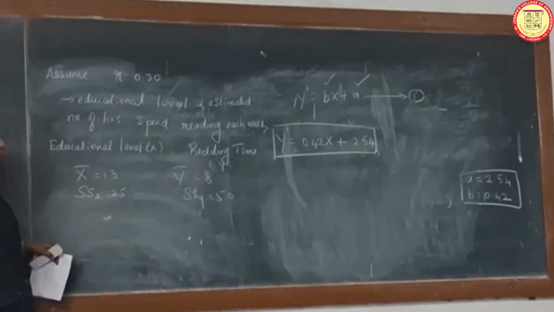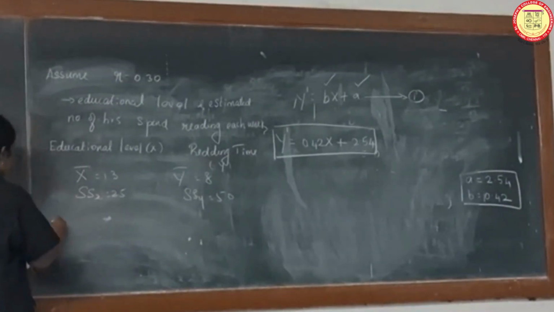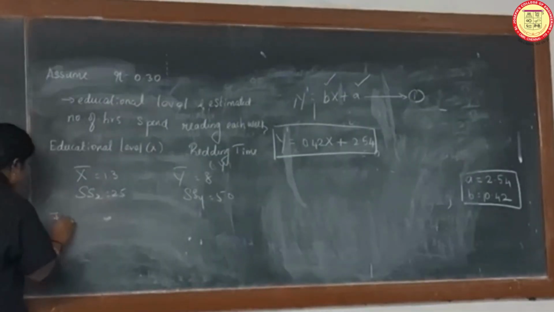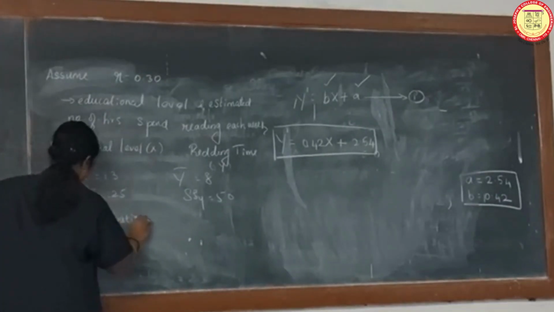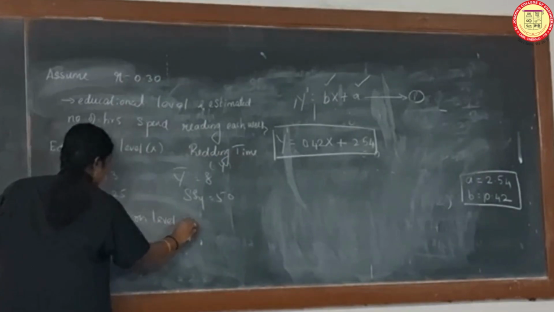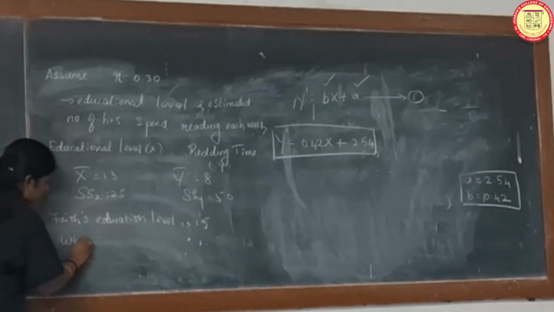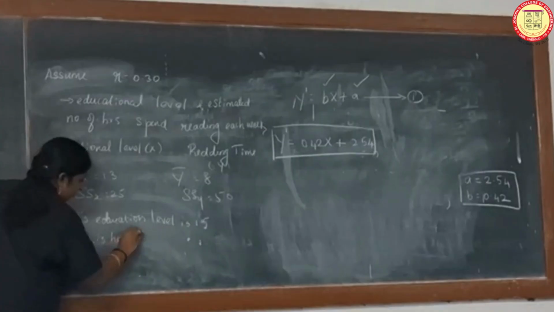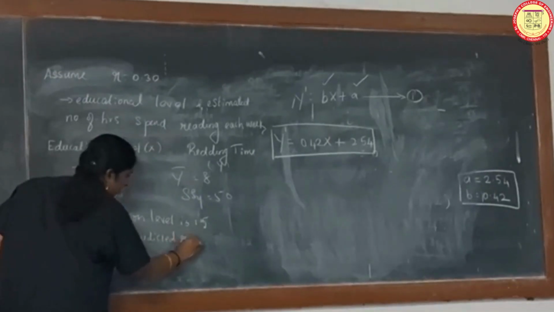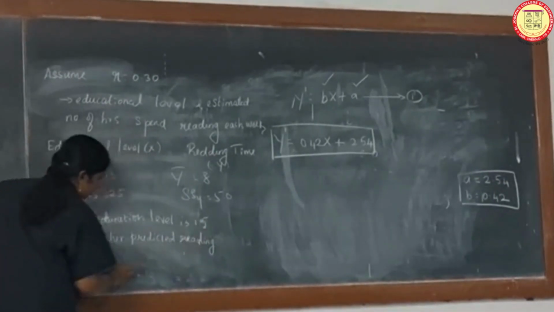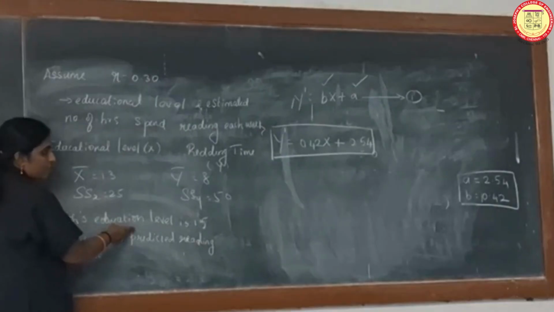By using this, we can also easily predict values for another case. For example, suppose Faith's education level is 15. What is her predicted reading time? Here Faith's education level, the x value, is given.